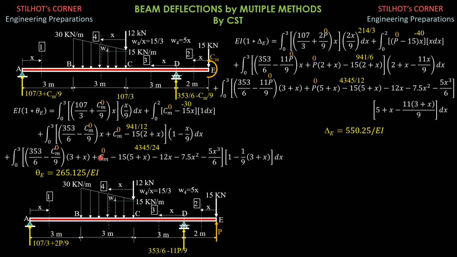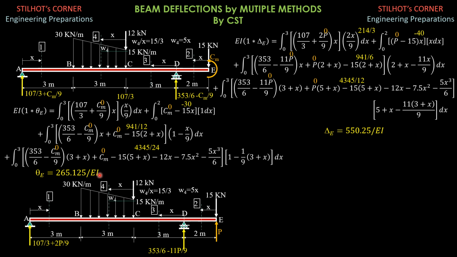Setting C sub m 0 and evaluating the integral, it is 4345 over 24. Combined with 941 over 12, negative 30, and 107 over 3, we get theta E equals 265.125 over EI.